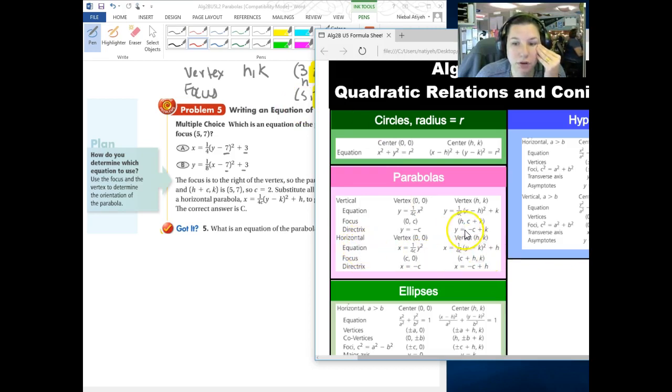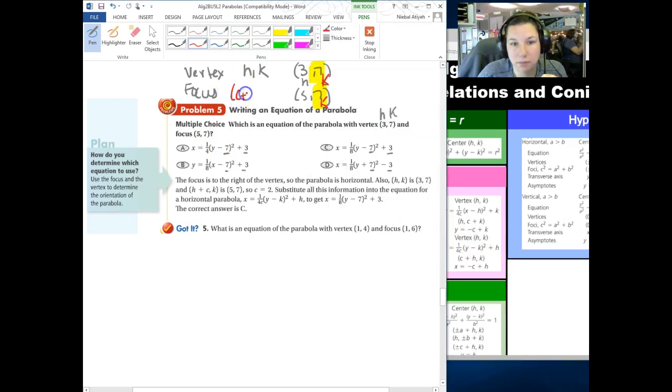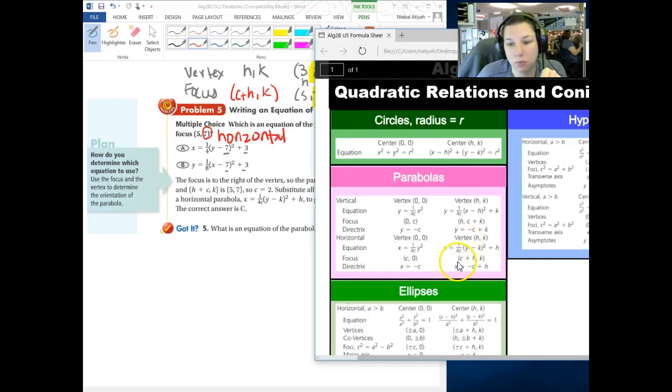If it was vertical, h would be my x coordinate, but because 7 is my y coordinate, it's right here: (c + h, k). So when they give you the points, label them. The vertex is (h, k). The focus is (5, 7), so they've used the same y value. That means this is horizontal, which means the equation needs to be x equals.